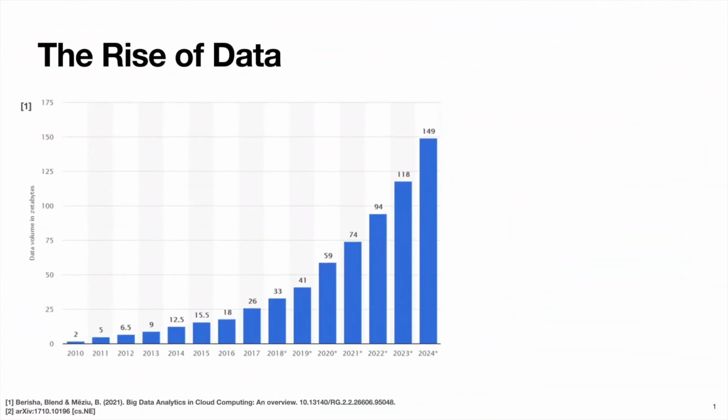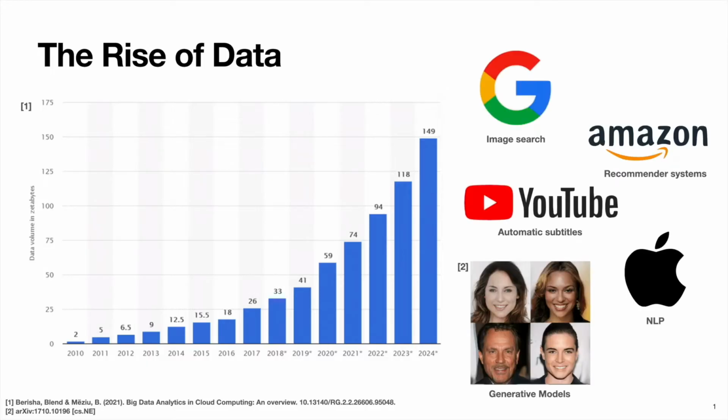So the starting place for all this is the observation that data volumes across different domains seem to be increasing at an accelerating rate. And in many cases, this is a good thing. For example, it served as the fuel for so many of the technological innovations in the past decade or so, like image search or recommendation systems, natural language processing, and so on.